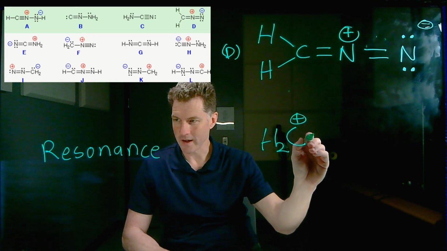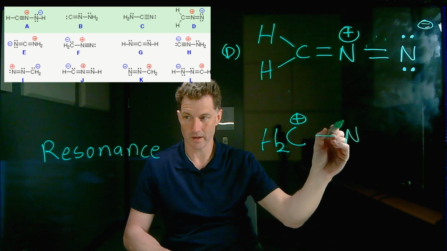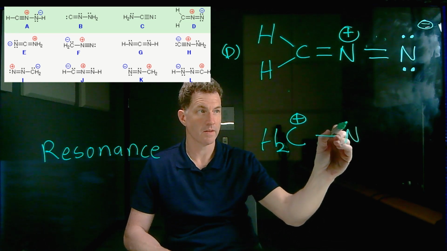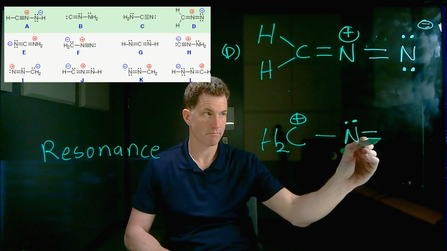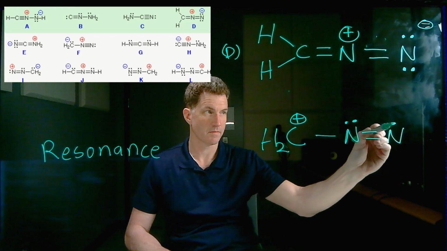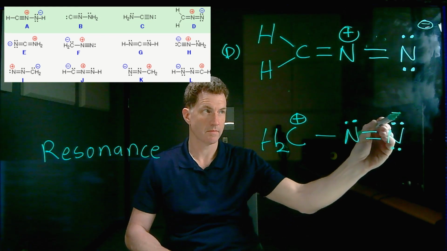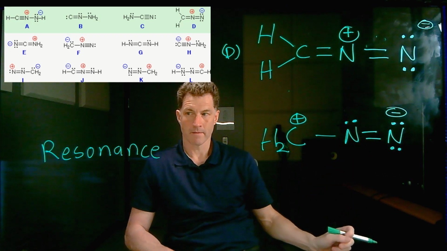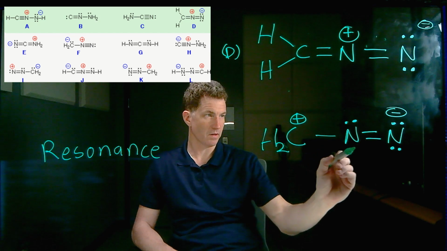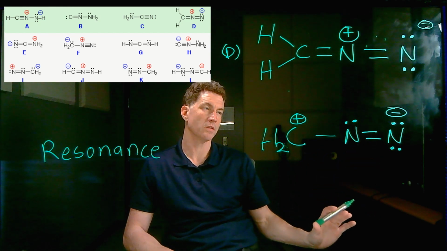And when I do that, in the case of K, here's what we end up with. And you see, our connectivity is the same, so we're meeting that. All we've done is push electrons around.